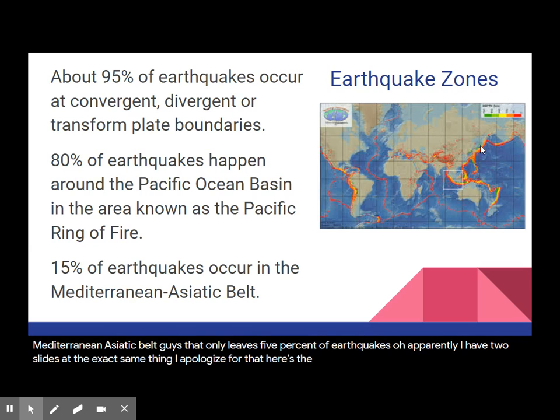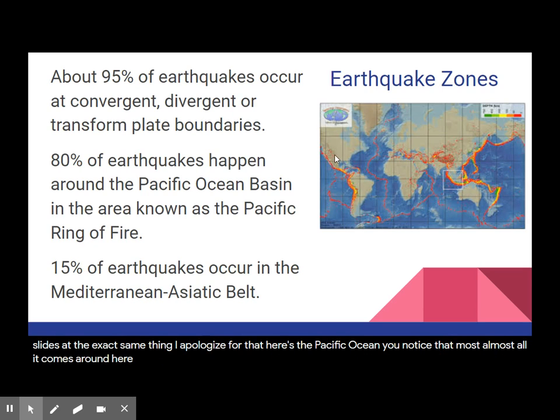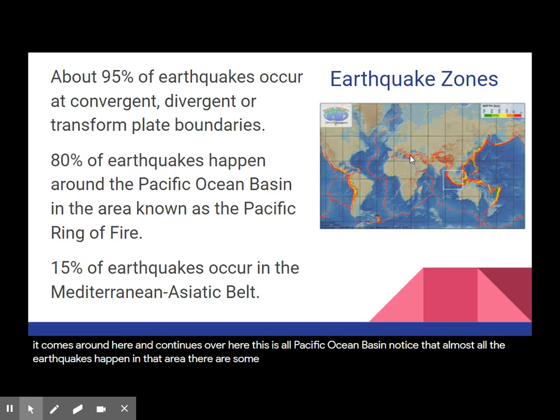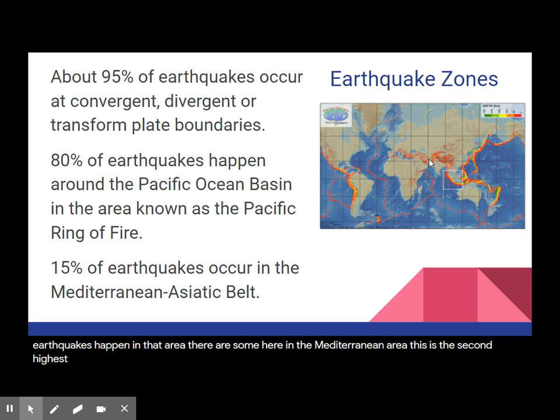Here's the Pacific Ocean. You notice that almost all of it comes around here and continues over here. This is all the Pacific Ocean basin. Notice that almost all the earthquakes happen in that area. There are some here in the Mediterranean area. This is the second highest.